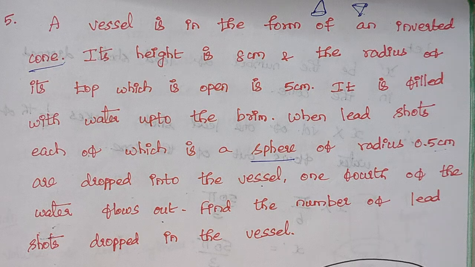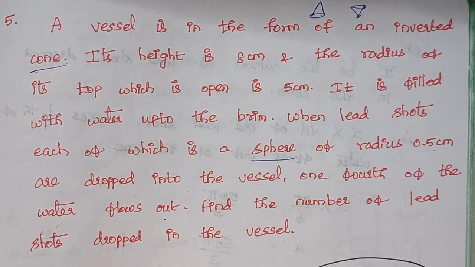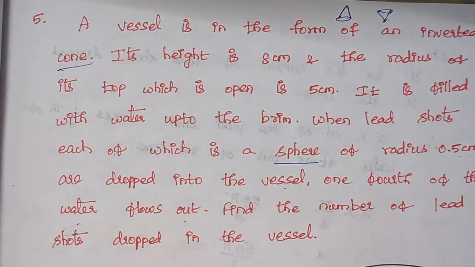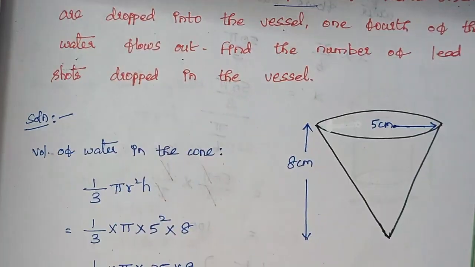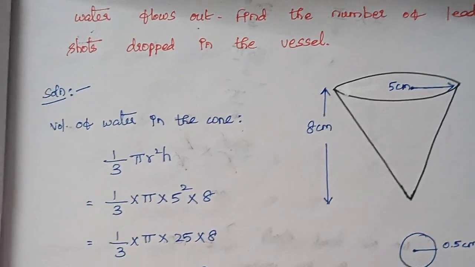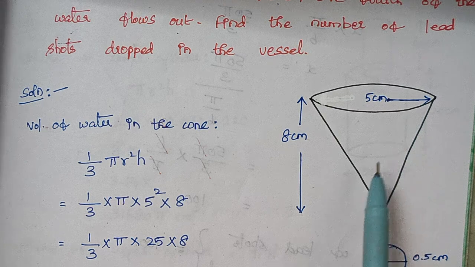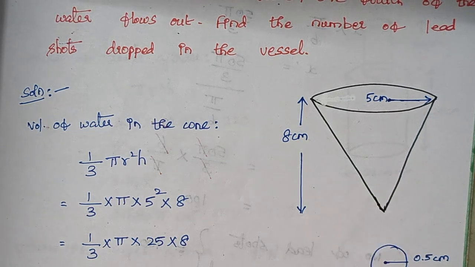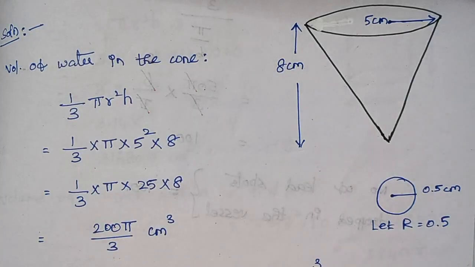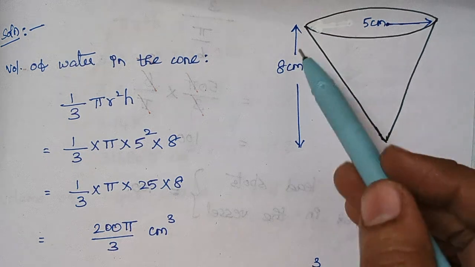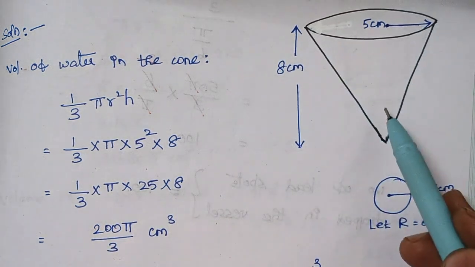Right. So, first we start our solution by finding the volume of water in the cone. You see, this is the inverted cone. Its radius and height are given. So, to find the volume of water in the cone, we have to calculate the volume of the cone, okay? Because depending upon the capacity, we will be having water.